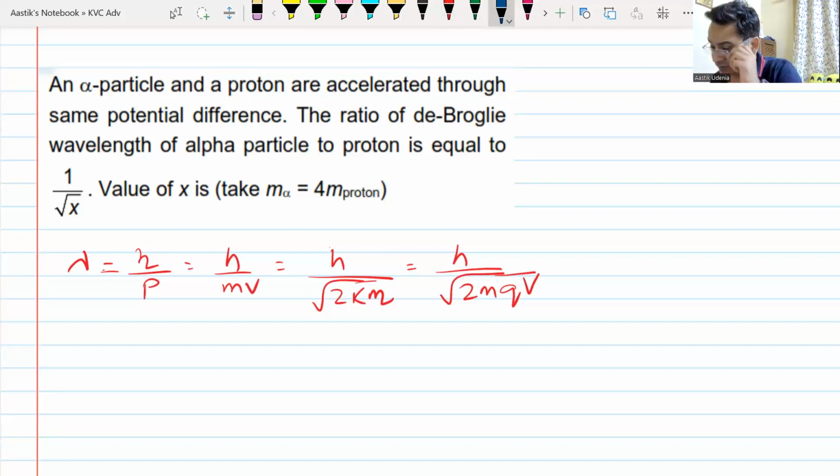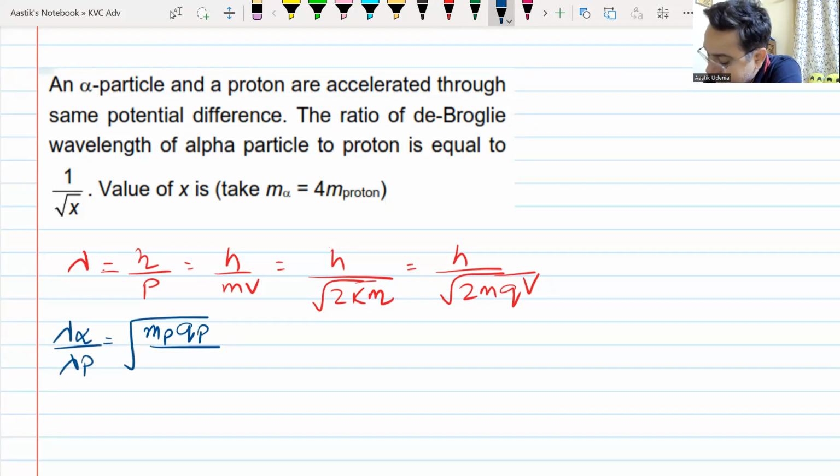So the de Broglie wavelength of alpha, lambda of alpha divided by lambda of proton, will be equal to, 2 and 2 cancel, mass of proton into charge of proton divided by mass of alpha into charge of alpha. Mass of proton divided by mass of alpha is 1 by 4.